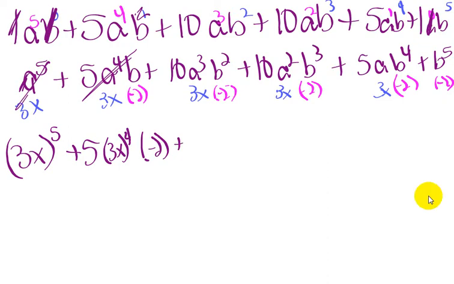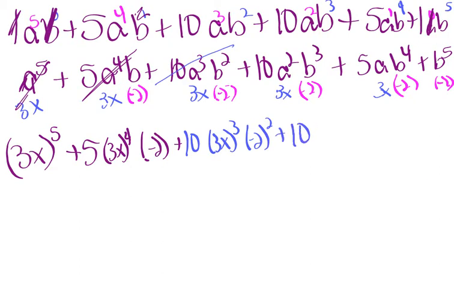Plus, let me switch colors again. I'll go to blue. So this one's going to be 10, and then a cubed, so it's going to be 3x cubed, b squared, so -2 squared, plus 10a squared, which is 3x squared, times b cubed, -2 cubed, and I'm running out of room, so I'm going to go to the next line for the next 2 terms.